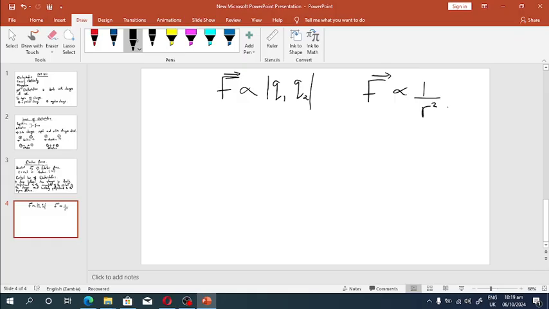Combining these two, this force is directly proportional to the product Q1 Q2 over R squared.